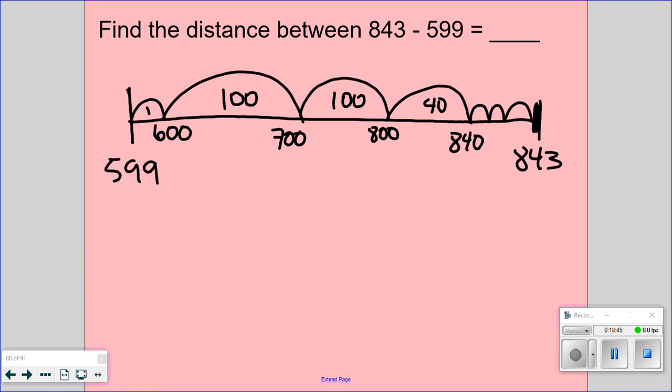I'm going to go in order of my brain. 100. 200. 241. 242. 243. 244. How many numbers are in between 843 and 599? Evelyn? 244 numbers.